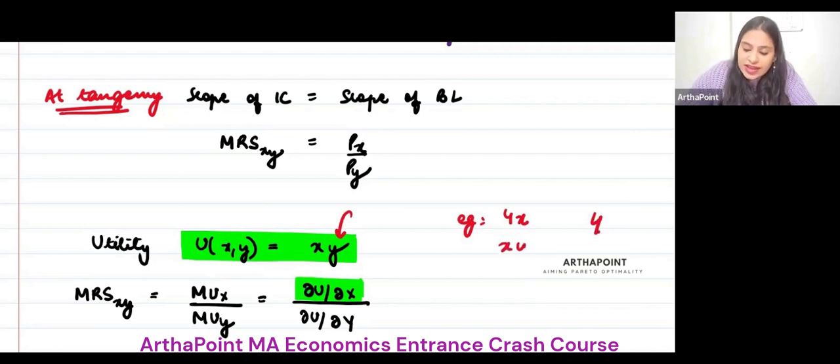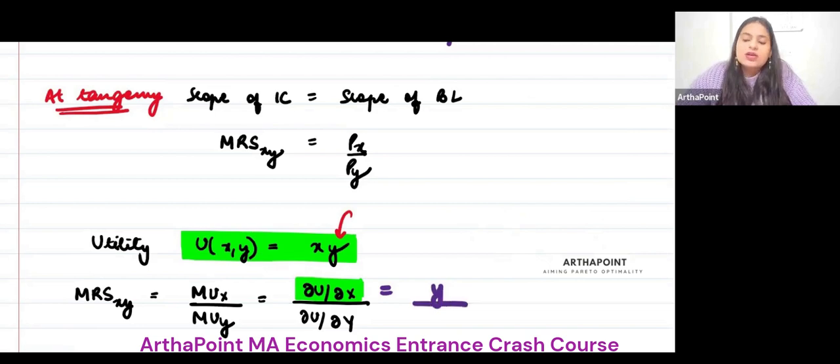Similarly, differentiate xy with respect to X, you will get Y, because Y is a constant. Differentiation of X will be 1. So when I differentiate xy with respect to X, I hold Y as constant, and I get the answer as Y. Similarly, when you differentiate with respect to Y, you will get the answer as X.